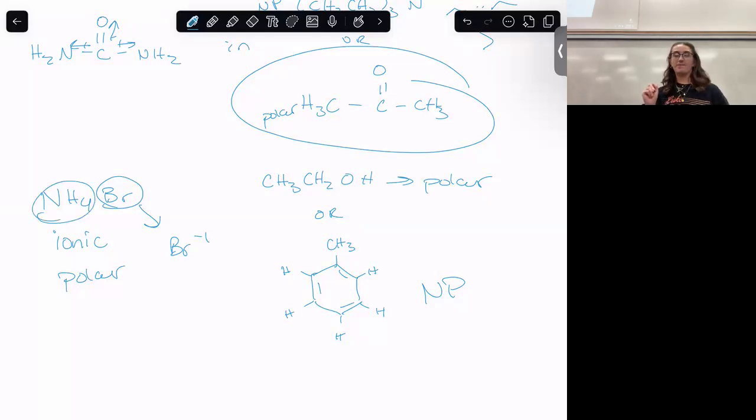This is +1, right? This is the ammonium polyatomic ion, so this is going to be NH4 plus. Since we have full charges on the NH4 plus and the Br minus, those charges are because of a transfer of electrons. And so this is going to be an ionic compound, and ionic compounds are so polar, right? They're no longer sharing, they're transferring electrons.